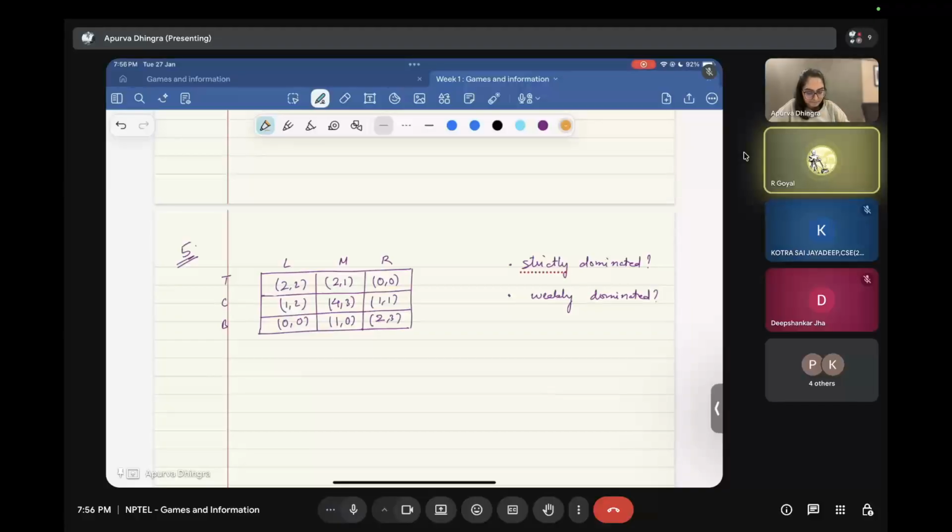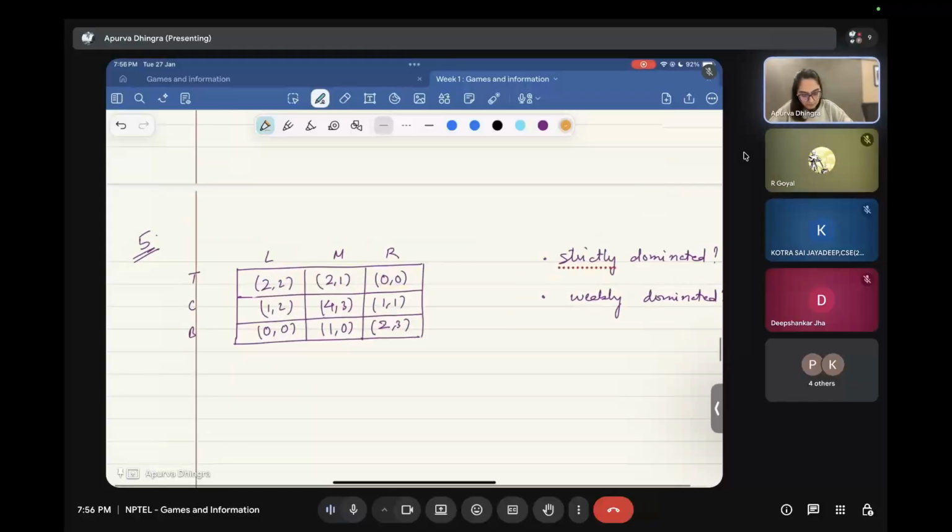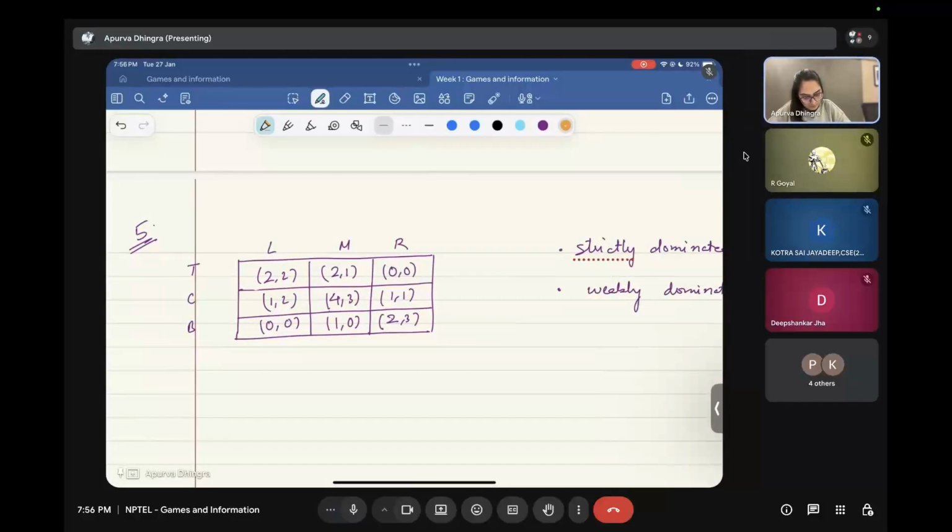So here I do not find any strictly dominated strategy. Neither of the players has one. The quick way to know that is you can go column wise and then row wise. Column wise, if you go, you'll see this is the best one, let's say we are maximizing everything.